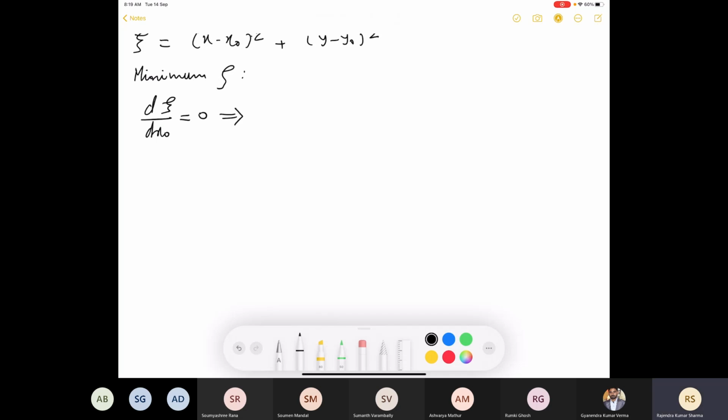So this will imply that the derivative here with respect to x naught, twice of x minus x naught plus twice of y minus y naught, and this is 0.